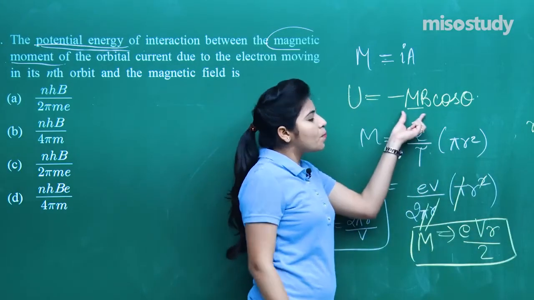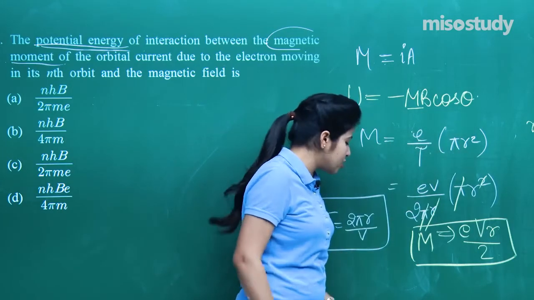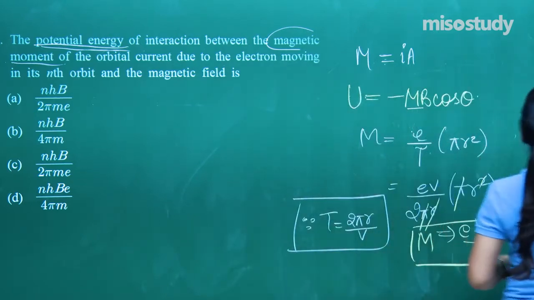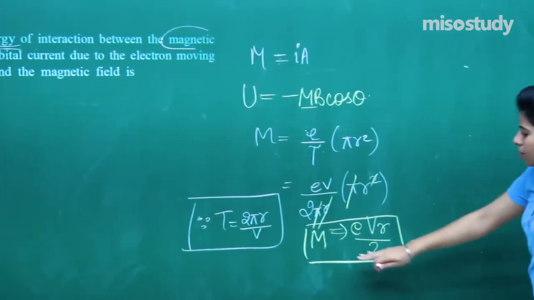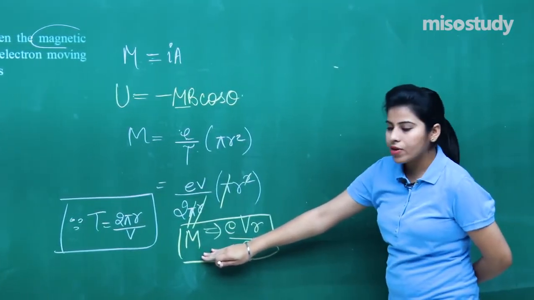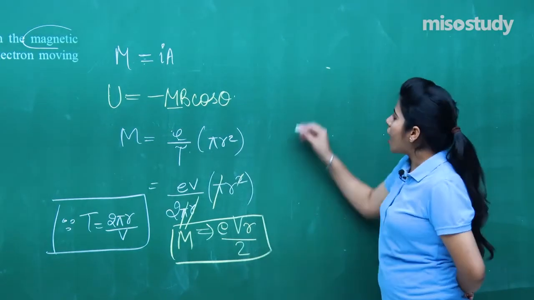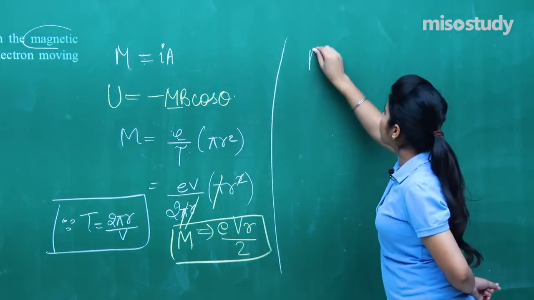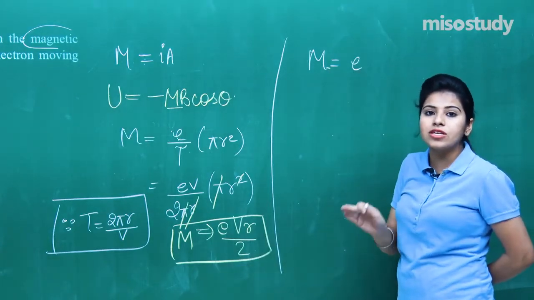Now because we have to put this value here and find the value of potential energy, we are having M as e v r upon 2. What we just have to do over here is put the values of v and r that we found in the previous question.